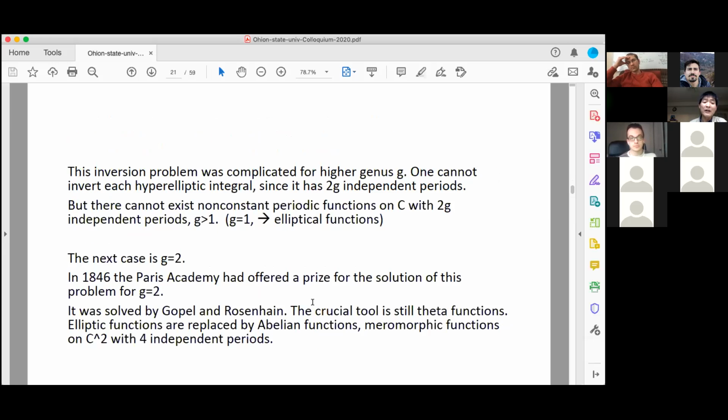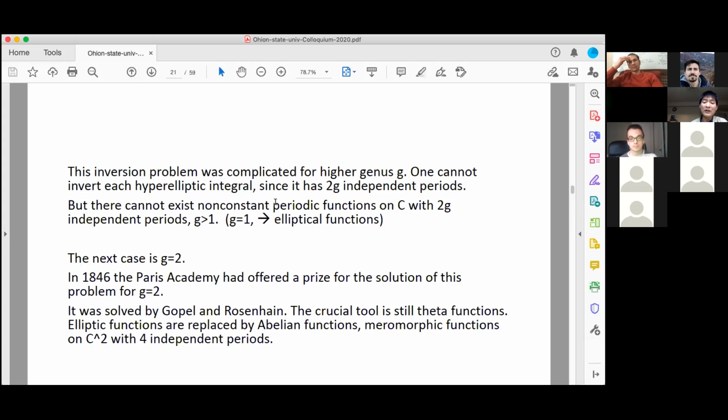But for the hyperelliptic integral or general abelian integral, the inversion cannot work. The reason is it has too many periods. In genus equal to G, you have 2G independent periods. A function of one variable cannot have 2G periods when G is bigger than 1, unless your function is constant. So that's the problem.